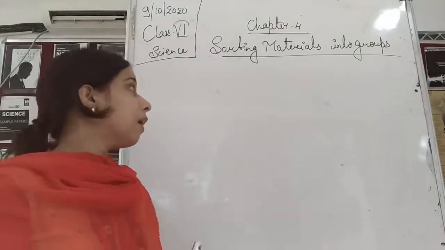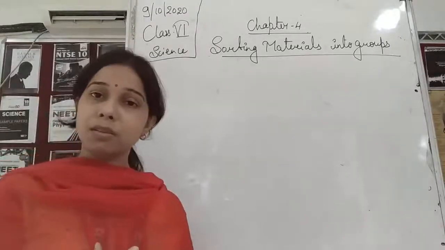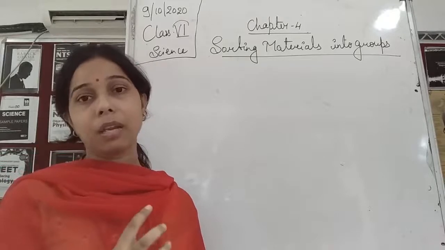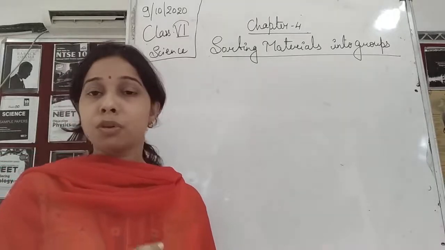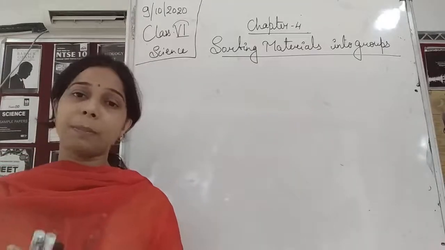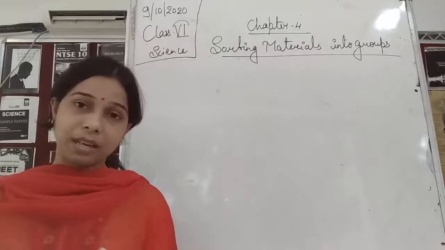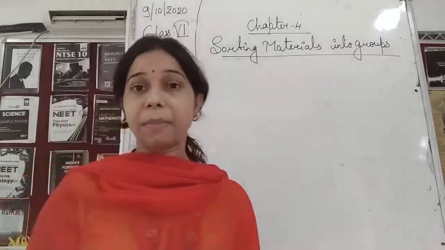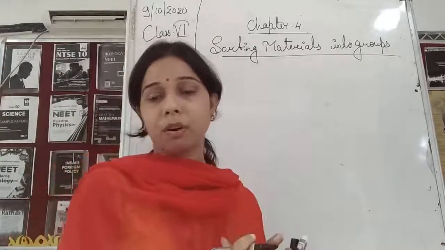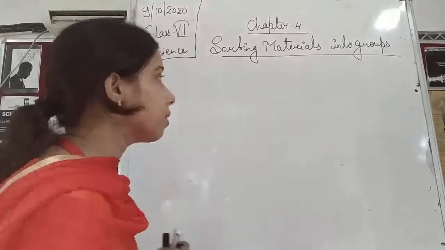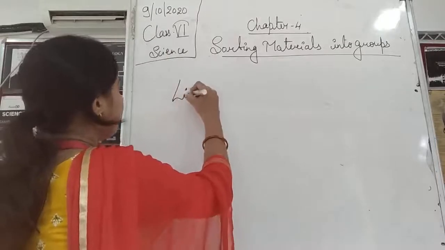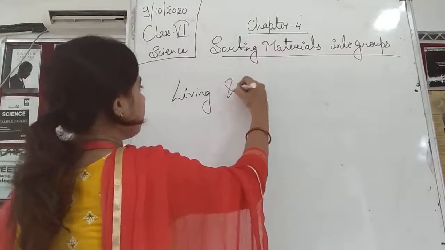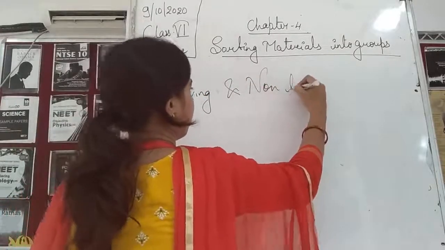Now you see, students, on what basis we classified. We divided into different groups, and the first basis, the main group on the basis of which we classified, is living and non-living.